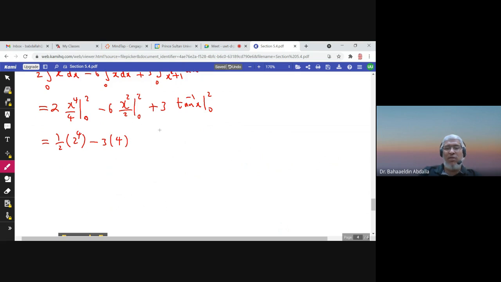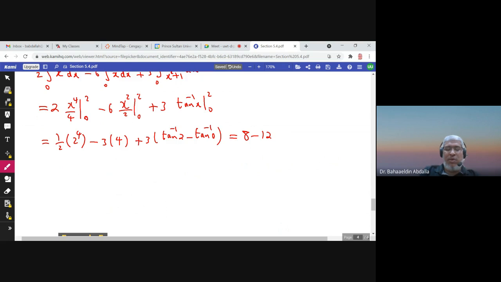I'm not going to write minus 0. Plus 3 times tan inverse 2 minus tan inverse 0. Now here, 2 to the power 4 over 2 is 2 to the power 3, which is 8. And 3 times 4 is 12.